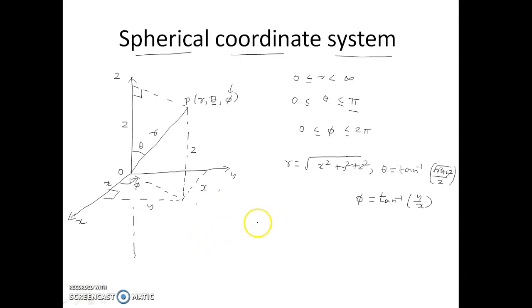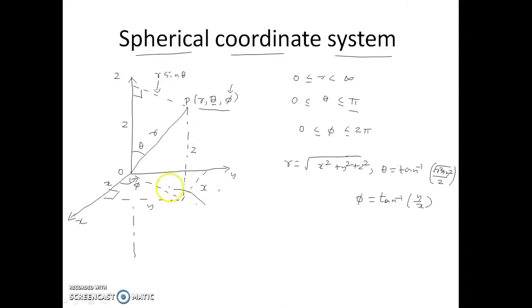Now let us see how to convert from spherical to rectangular coordinates, from r theta phi to xyz. Here we can see that this is r, this angle is theta, so this side is r sin theta.